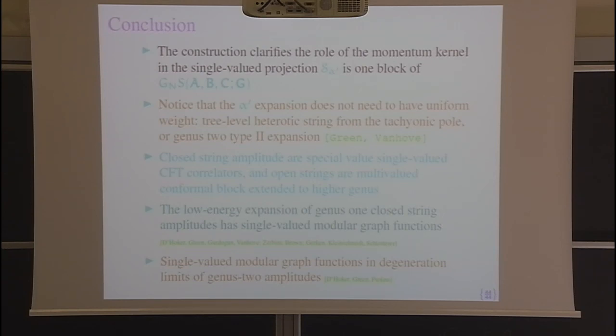I constructed a single valued object that when I evaluate it at 1 gives me the closed string amplitude. So I never have to make a reference to the open string explicitly. Although, of course, they come because I use the conformal block decomposition, and the open strings are the multi-valued conformal blocks.